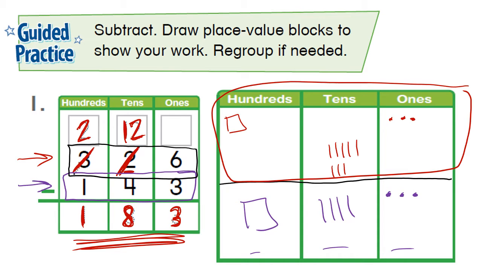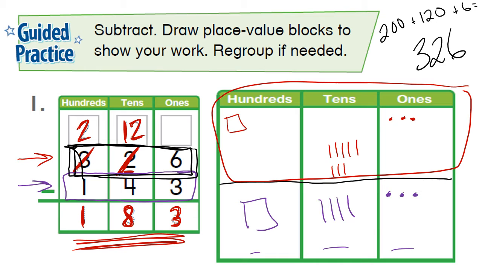So if we add up this, we have 200 plus 12 rods, or 120, plus 6, that should equal our minuend, this top number. 200 plus 120 is 320, plus 6 is 326. And that is what we started with. So we did this problem correctly.